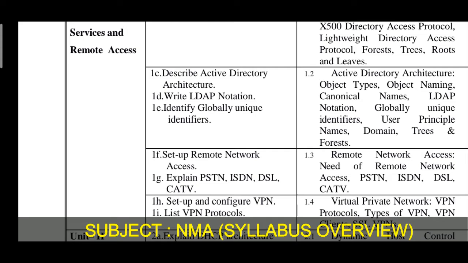These topics are asked again and again in the GTU exam, PSTN, ISDN, DSL and CATV with their full forms. So dear students, we have to learn these protocols and their full forms in chapter number 1. Then set up and configure VPN, and list the VPN protocols.